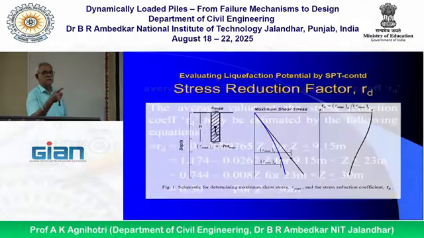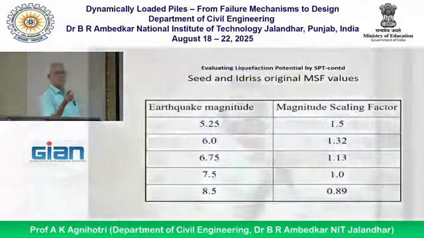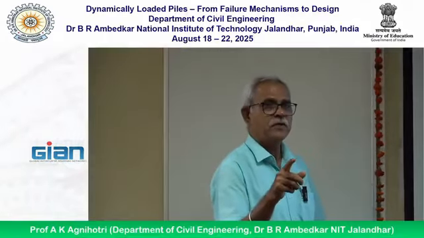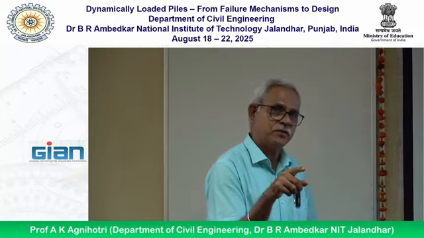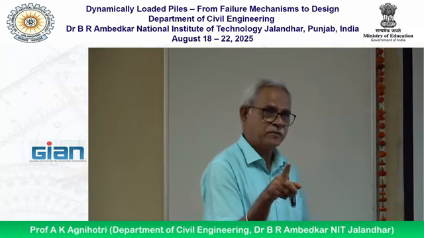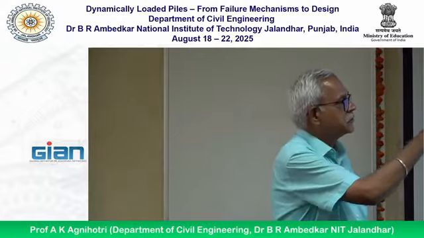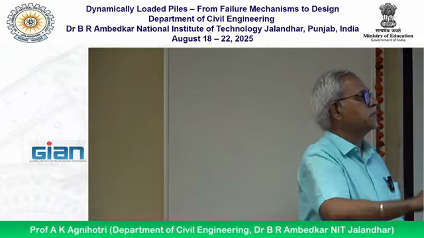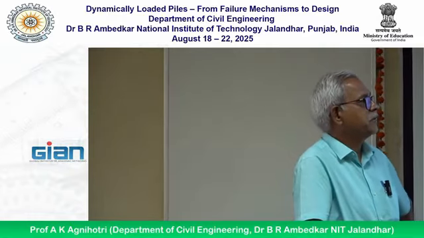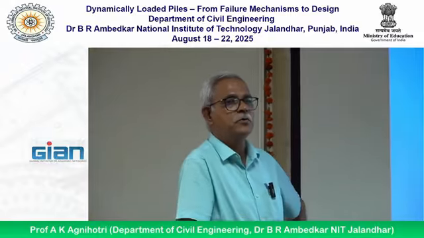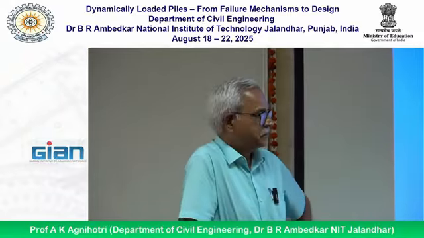That was the cyclic resistance ratio which you calculated from the curves. Now you will calculate the cyclic stress ratio. Cyclic stress ratio is calculated using this equation: 0.65 sigma V0 A max upon sigma V0 dash into RD.